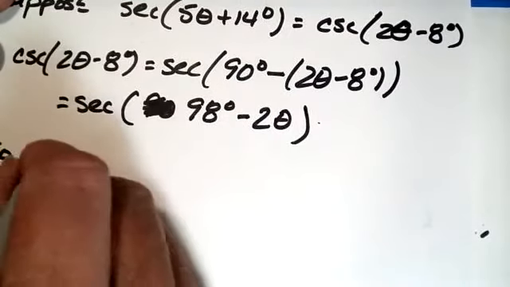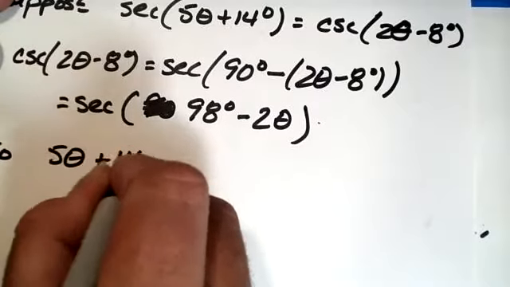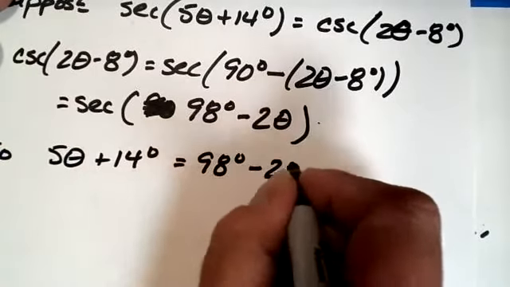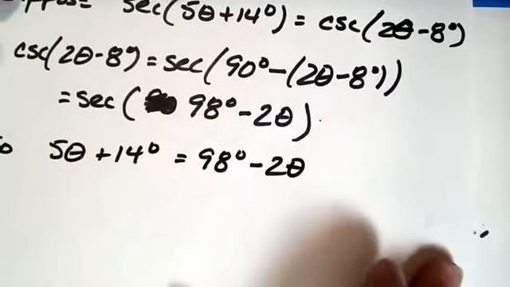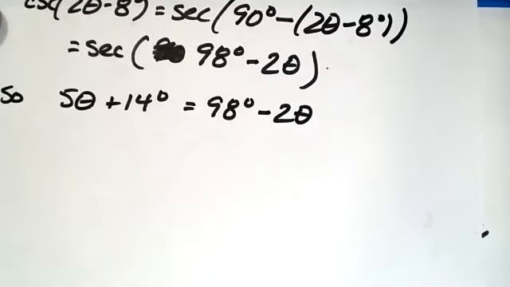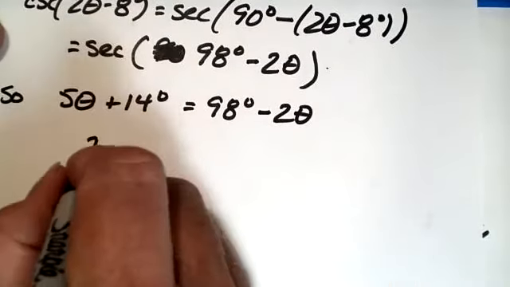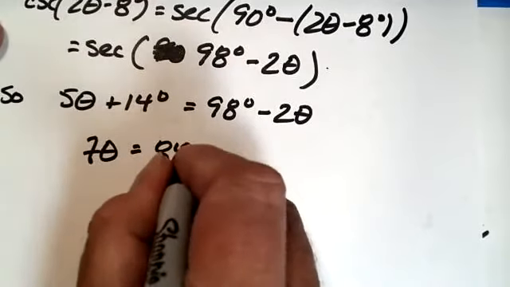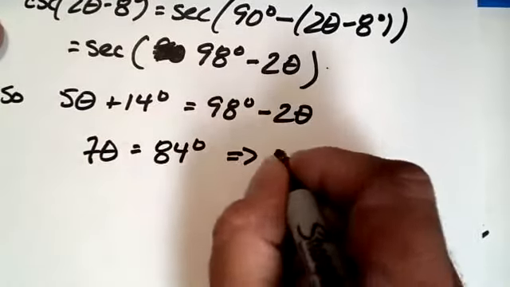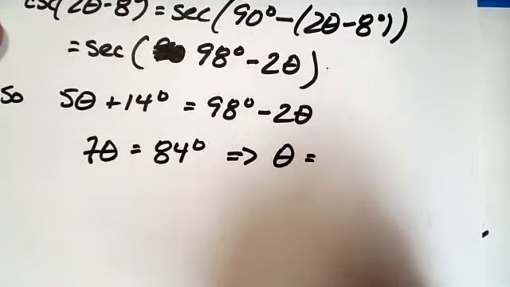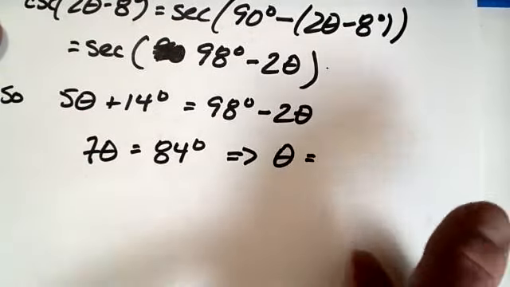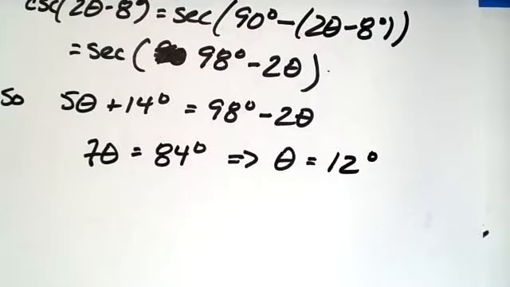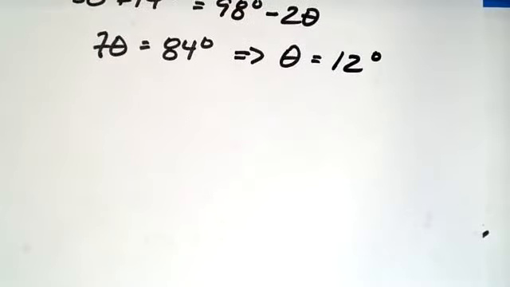So 5 theta plus 14 degrees equal to 98 degrees minus 2 theta is a solution. And so when we solve this, we end up with 7 theta equal to 84 degrees, which implies that theta is equal to, is that 12? Yeah, 12 degrees.